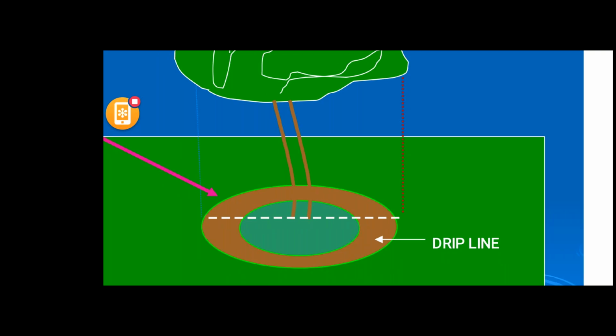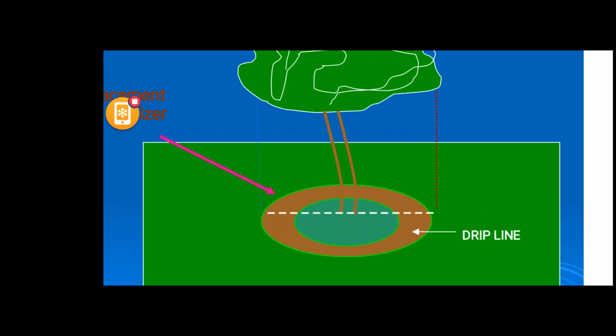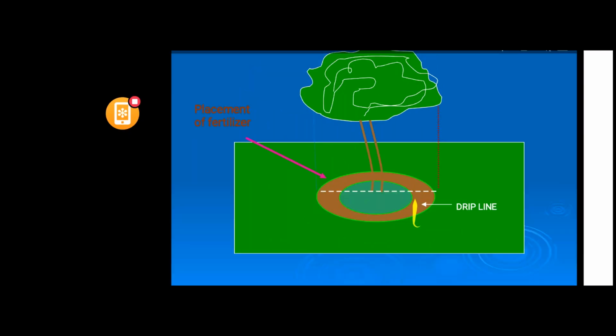The rings should be increased toward the edge of the plant. For a small plant, the ring will be smaller; if it is middle-aged, the ring will be medium; and if it is a large tree, it should extend near the canopy, to have better utilization of the manure and fertilizer.